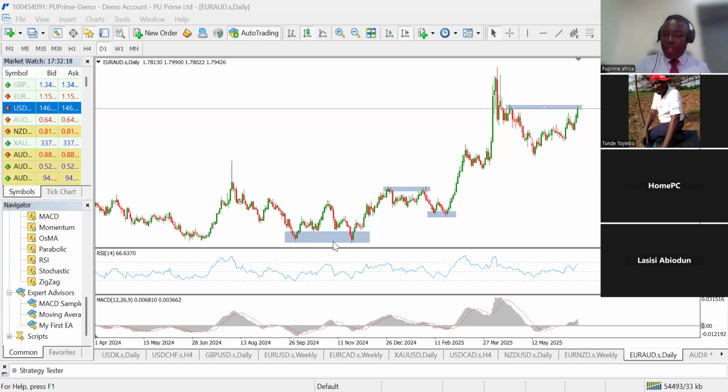So when you make profit on your demo account, you cannot withdraw it. It's non-withdrawable. And the same way, if you lose the money in your trading account, PO Prime is not going to hold you responsible or accountable for it. But if you make money in your live account, it is real money that is withdrawable to your bank account. And also, if you lose money in your live account, well, it's a real loss.